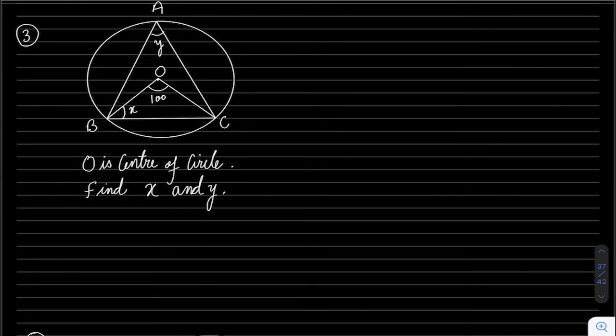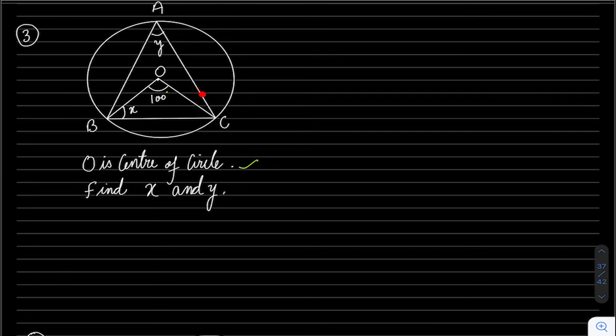My third question is: a triangle ABC is given inside a circle. Center is O. Angle BOC is given as 100 degrees. We need to find X and Y. When we see this diagram, what's the first thing that we notice? We can notice this arrow, as I have told you.